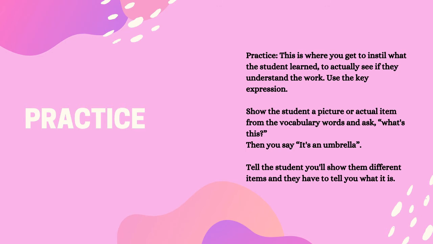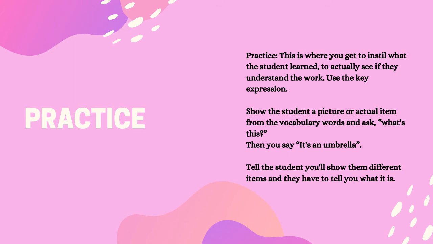So basically, you'll just do one or two examples and then you will ask the student the different items from the vocabulary words in no particular order, just for you to be able to see if they'll be able to recognize that specific item or they will know what it is. And yeah, here again, you still have to use TPR.